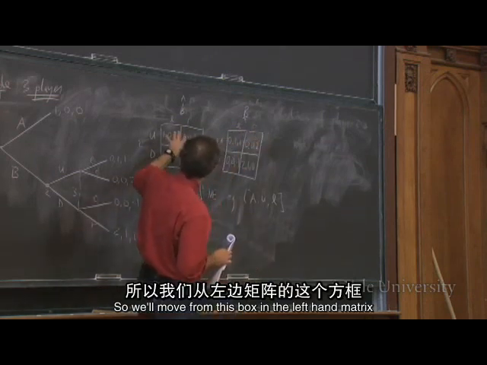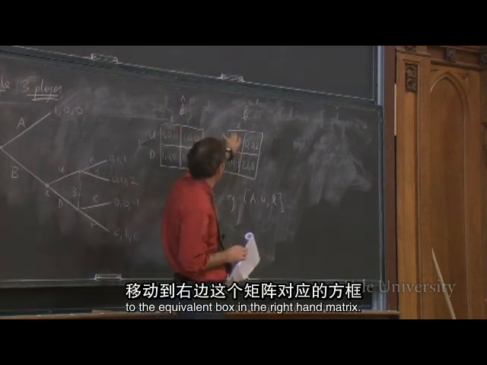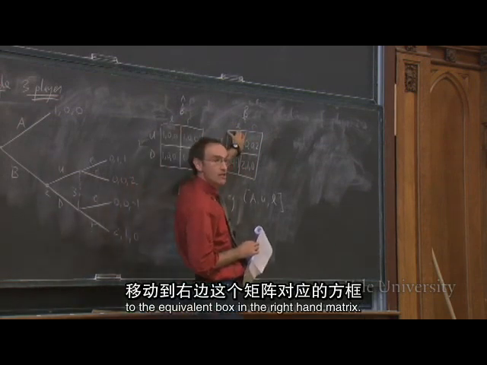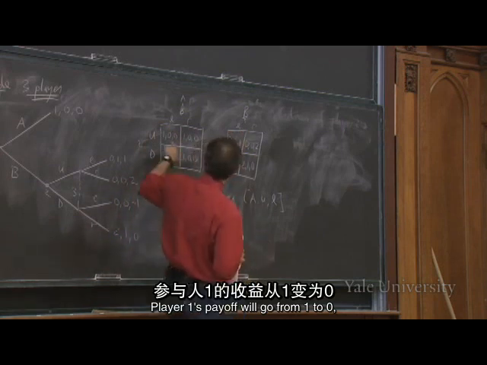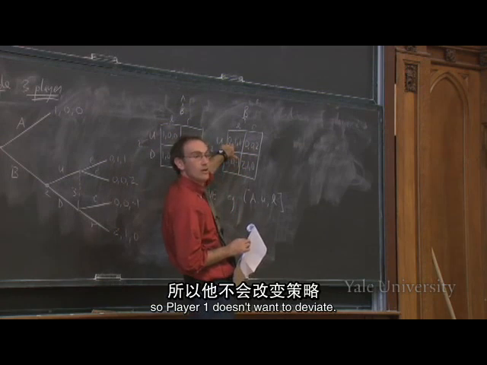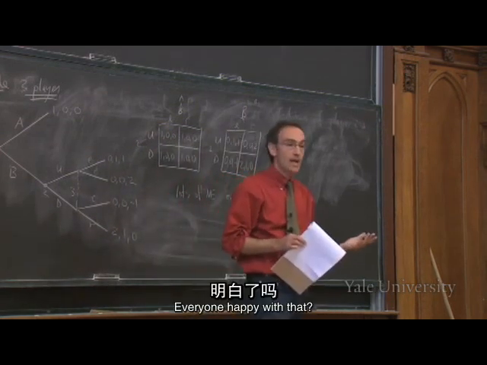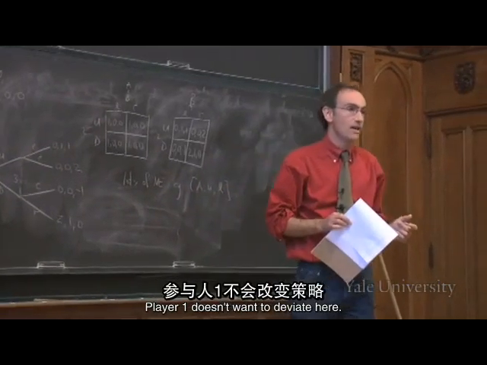So we'll move from this box in the left-hand matrix to the equivalent box in the right-hand matrix. And player 1's payoff will go from 1 to 0. So player 1 doesn't want to deviate.